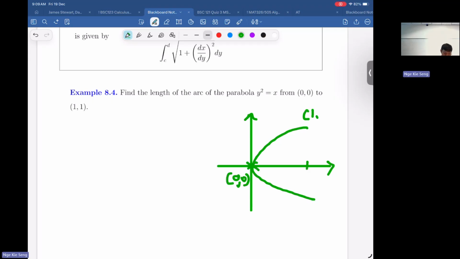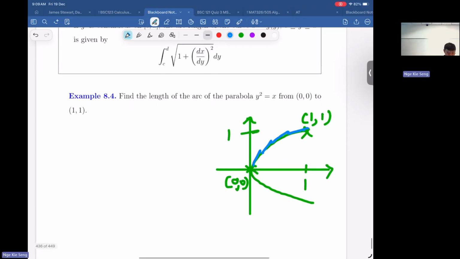We're going to use the arc length computed along the y-axis.